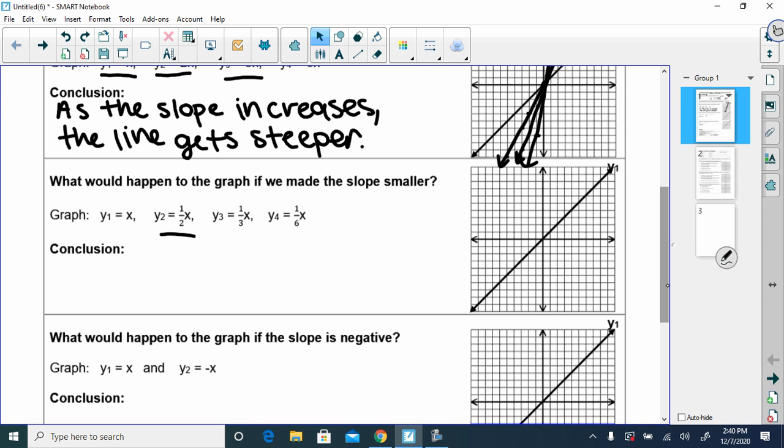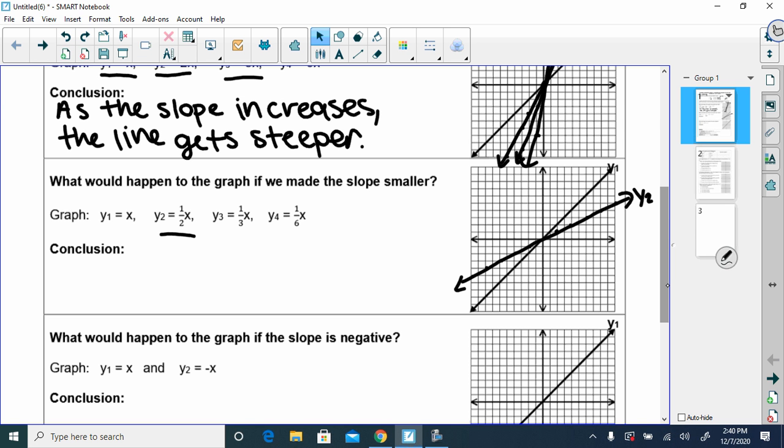Again, there's no plus b, but my slope is 1/2, so that means I'm going up and over how much? Very good. Okay, there's our y2.